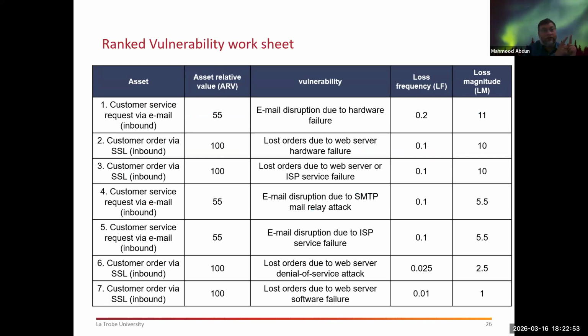Remember that vulnerability you mentioned in the TVA? Right? So that was a qualitative assessment. Now you're quantifying it. I want to be more specific about how much that loss is. Why is it important to assign some quantity of loss due to risks? Can anyone say that?